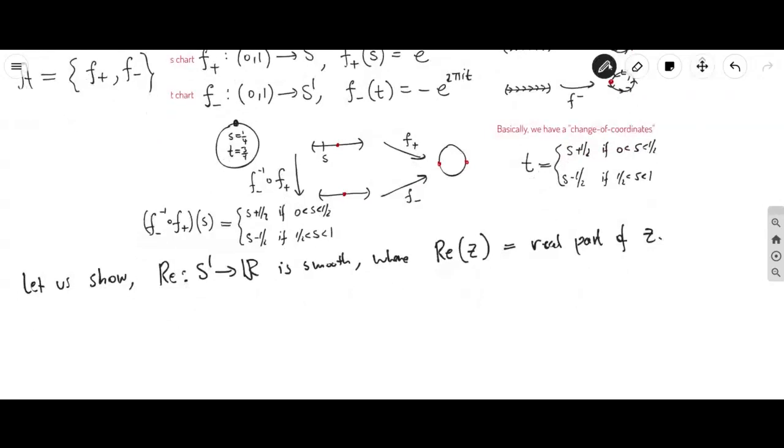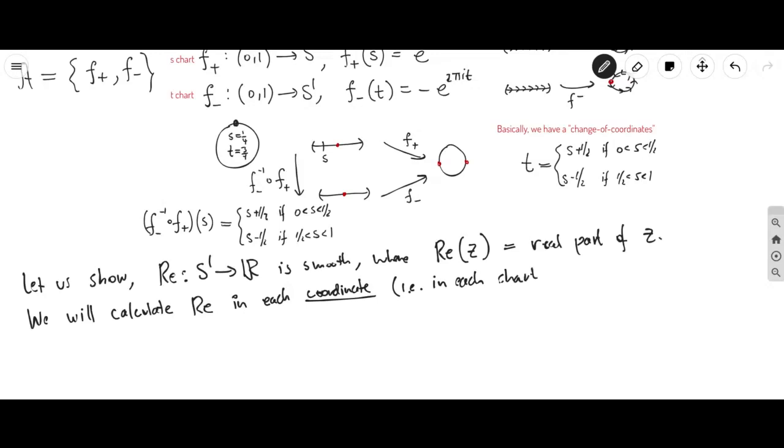So to show that it is smooth, we will calculate Re in each coordinate. And when we say in each coordinate, what we mean is in each chart. So we're going to compose it with each chart.